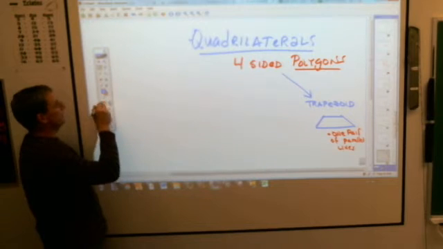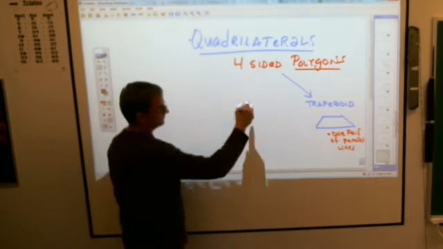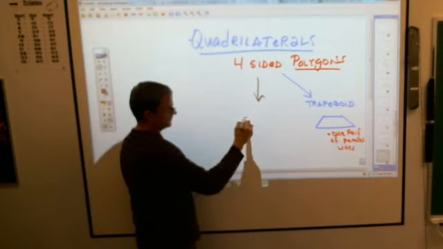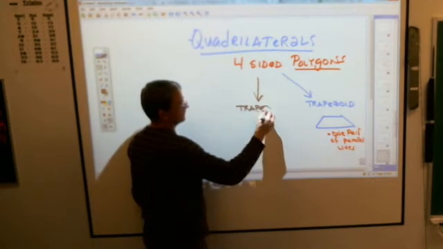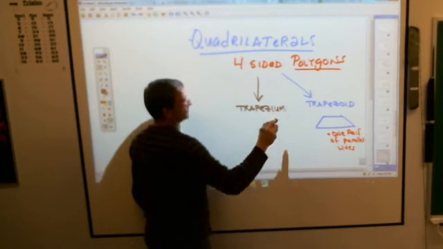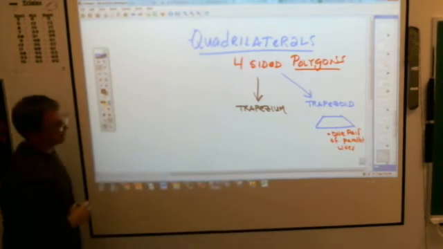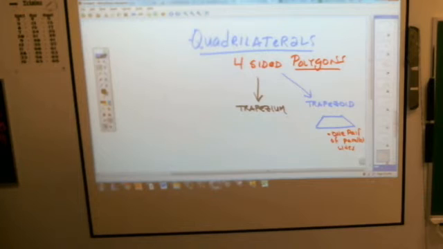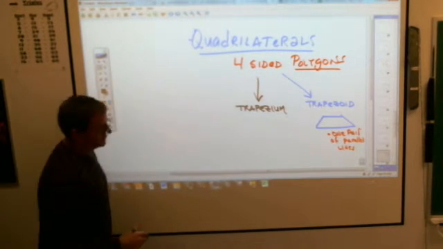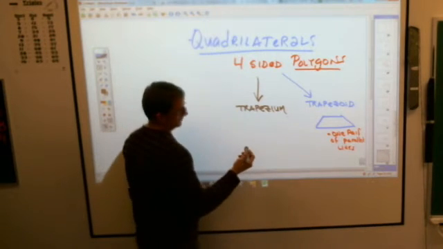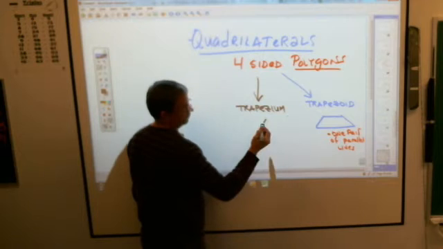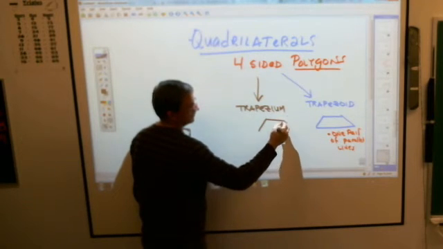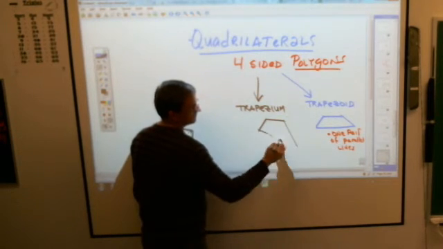And the next one is even more rare. It's what's called a trapezium. Again, I wouldn't expect you to remember that. That's why I let you look at your notes to figure it out. A trapezium, children, is a 4-sided shape that is just goofy. There's no rhyme or reason. It's hard to draw because it's got no parallel sides, no equal sides.